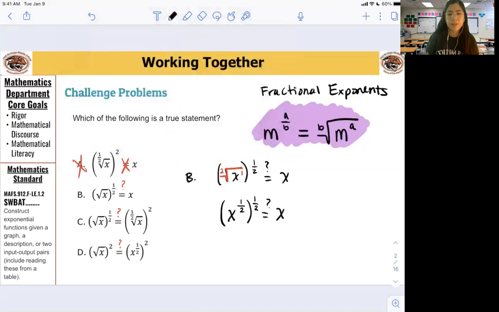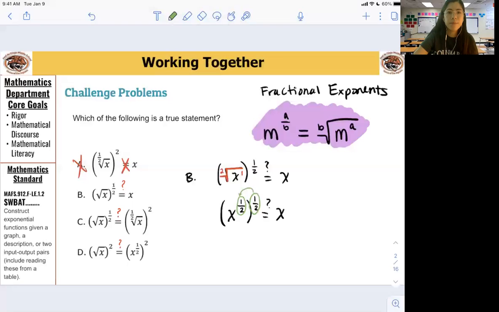Okay. Questions on that first step? Cool. Well, now what do I have to do here? What operation am I doing between those two exponents? One's on the inside of the parentheses, one's on the outside of the parentheses.